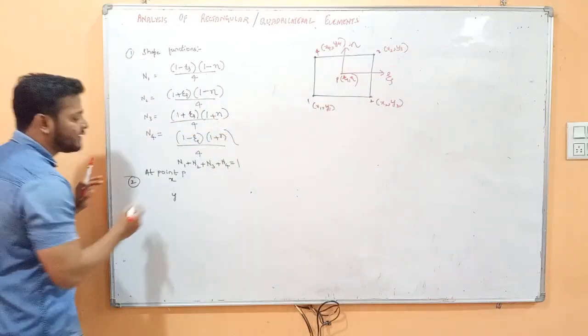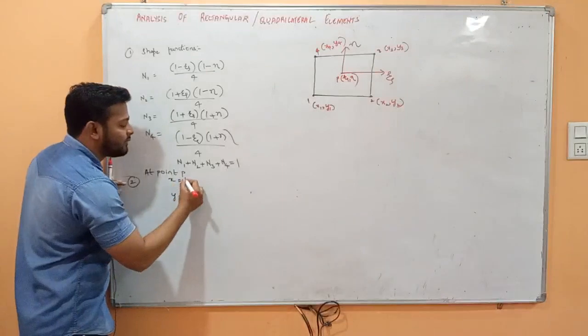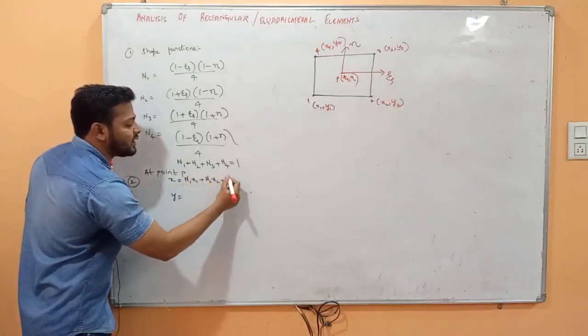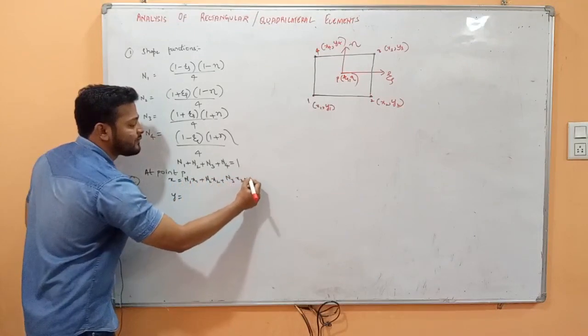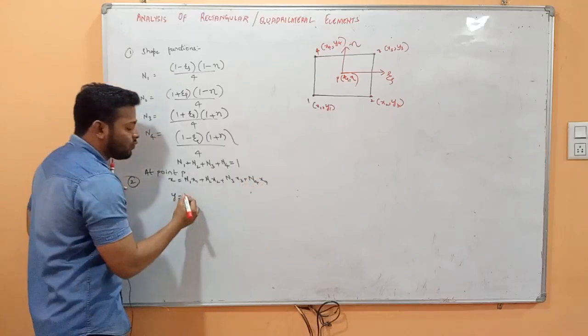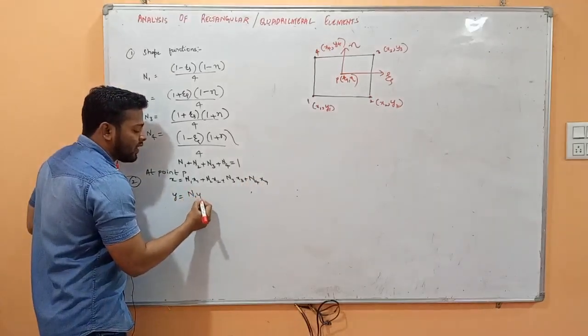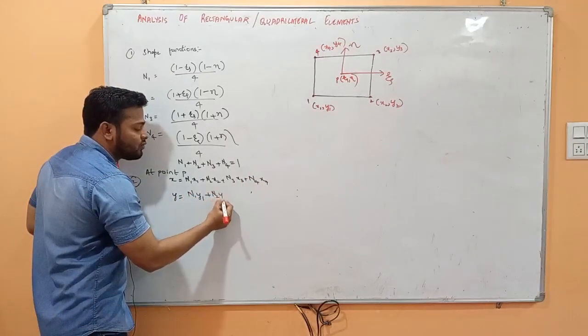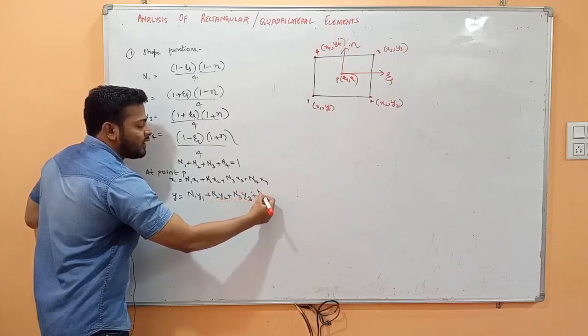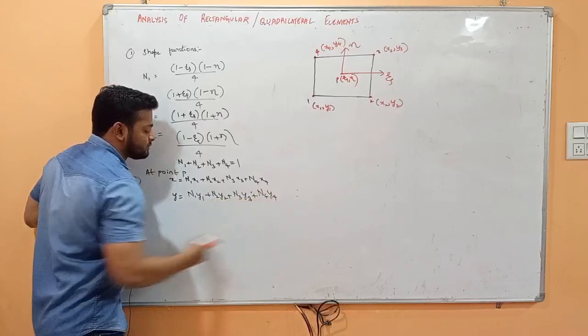So we can determine that by using this formula, N1 x1 plus N2 x2 plus N3 x3 plus N4 x4. Similarly, we can find out y also, that is N1 y1 plus N2 y2 plus N3 y3 plus N4 y4.